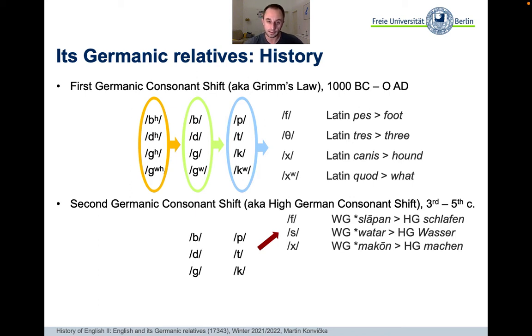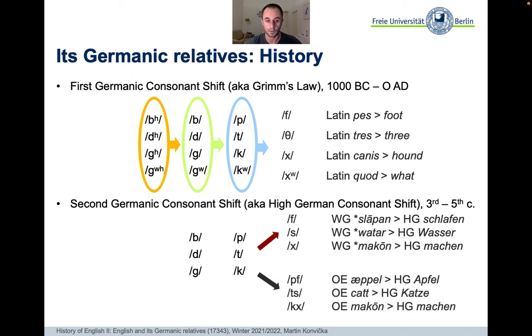Then a second set of shifts happens to the sounds p, t, k, and they turn into affricates. So from p, we get pf, as in Old English, which was not affected by this shift, and High German Apfel.